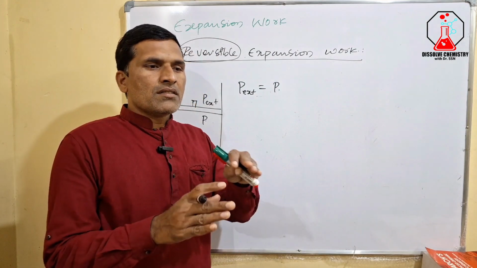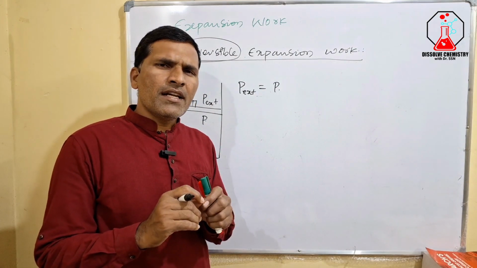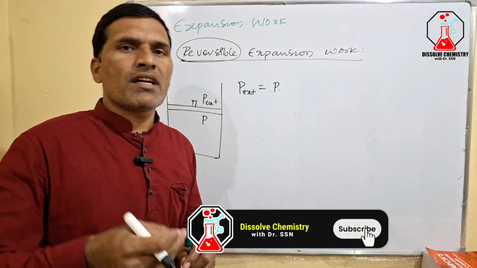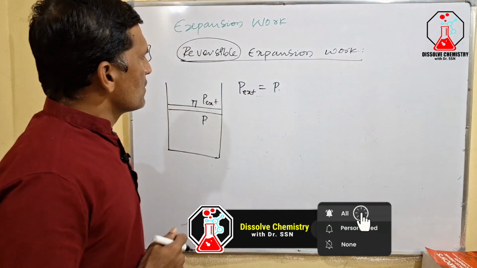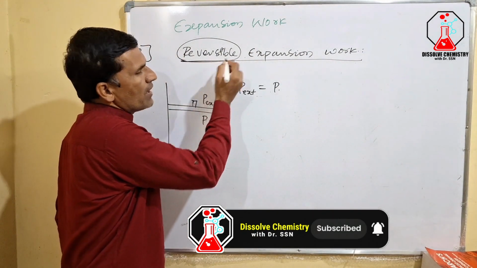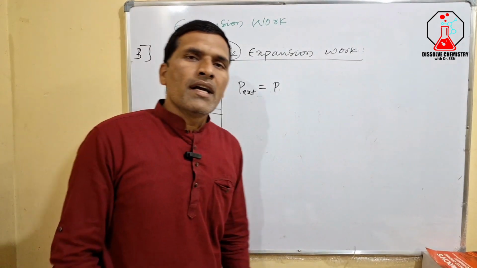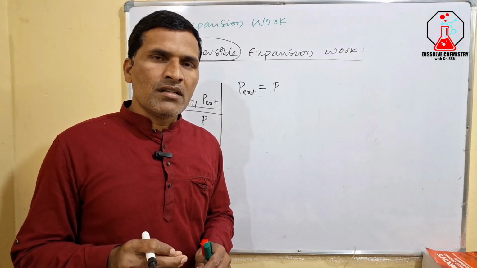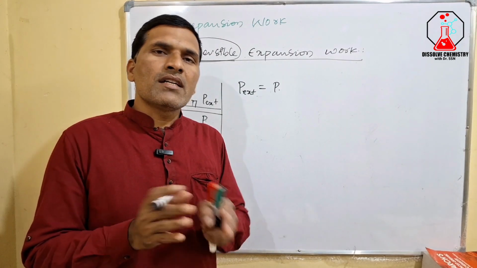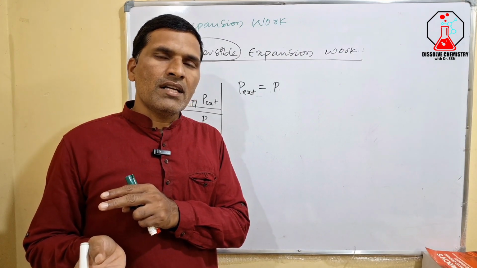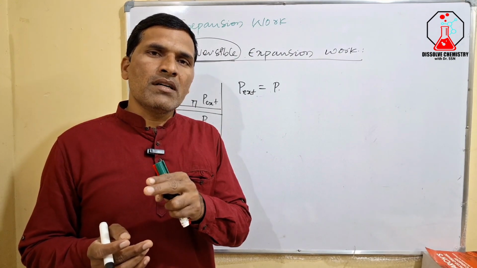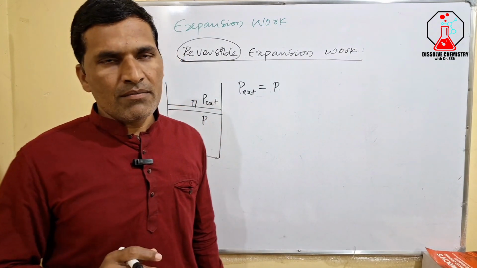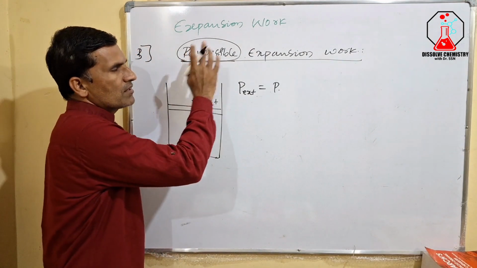If you bring a slight change on either side, then there is a slight movement or slight work done by the system. In thermodynamics, reversible means that at any moment, if we change the state variable, the system can be altered in either direction. Either you can compress it or you can expand it by a small infinitesimal change in the state variable. That we call reversible.